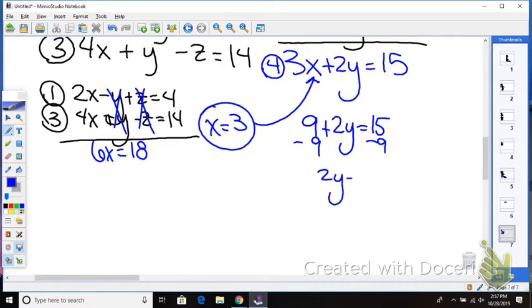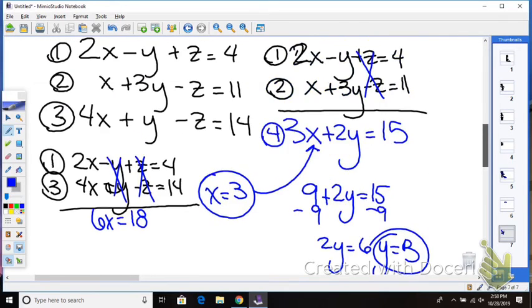So 2y is equal to 6, so y also equals 3. Now, where do you suppose I need to go to solve for z? 1, 2, or 3, one of the original ones. Because I can plug in my x and my y, and I can solve for z.